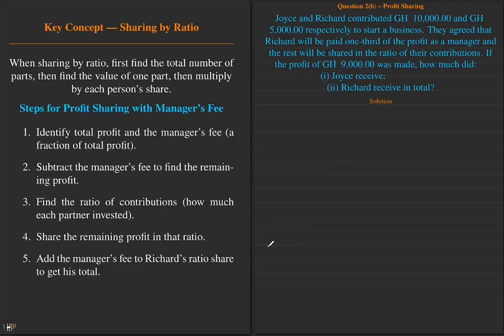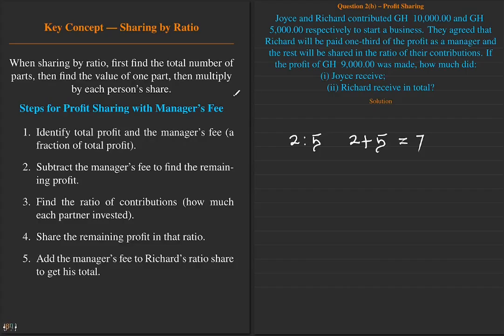If you are sharing any quantity in the ratio, let's say 2:5, then the total number of parts is 2 plus 5, which gives you 7. If you're able to get the total number of parts, that helps you to get what each person gets.